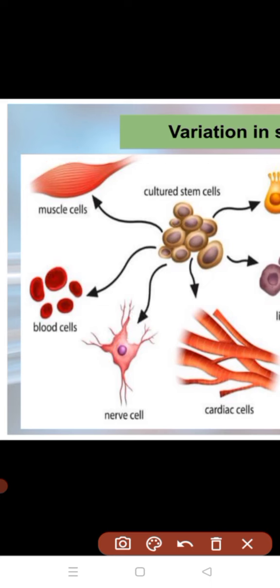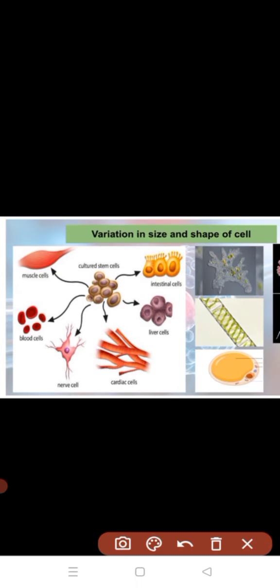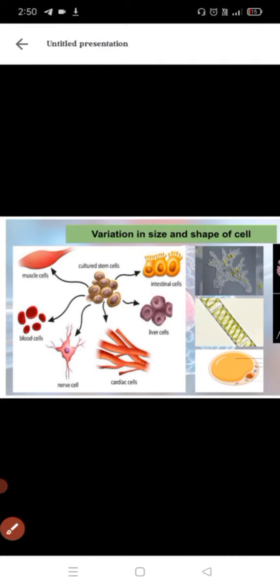These are cardiac cells. These are intestinal cells. These are liver cells. Here you can see the cell of amoeba, which is unicellular. Spirogyra. Here you can see egg cell, sperm cell.